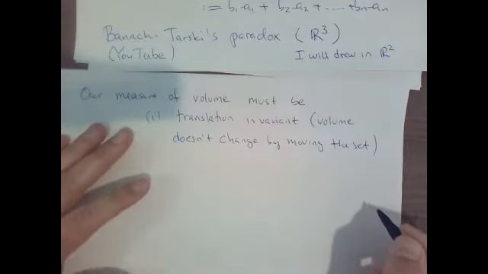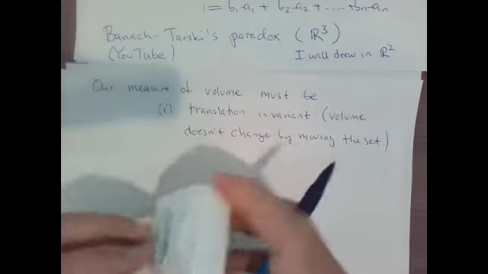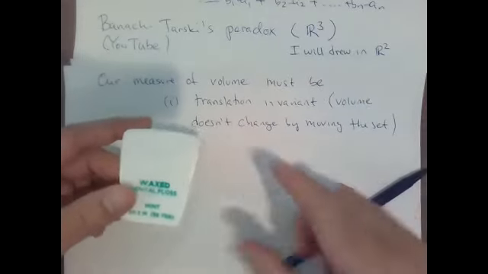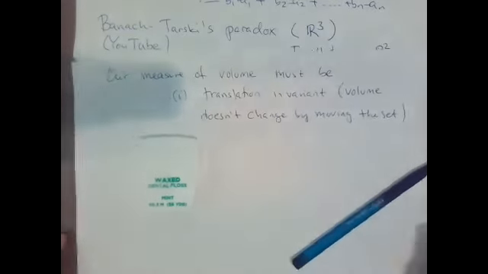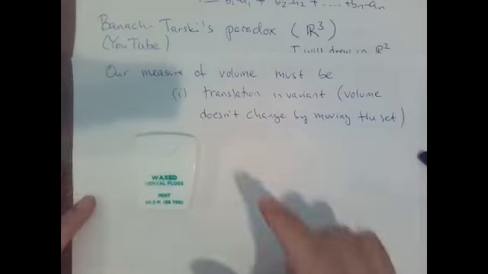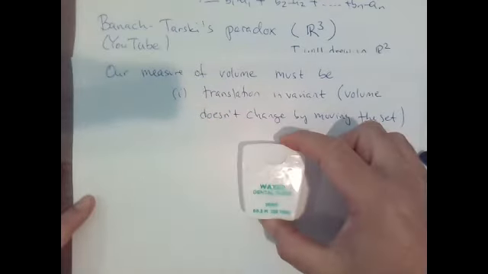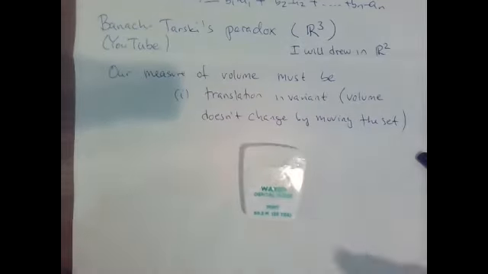If I have a box of dental floss, I figure out what the volume of this dental floss is, then I move the set over here. It doesn't change the volume of my box of dental floss. That seems like a reasonable notion that volume should have.